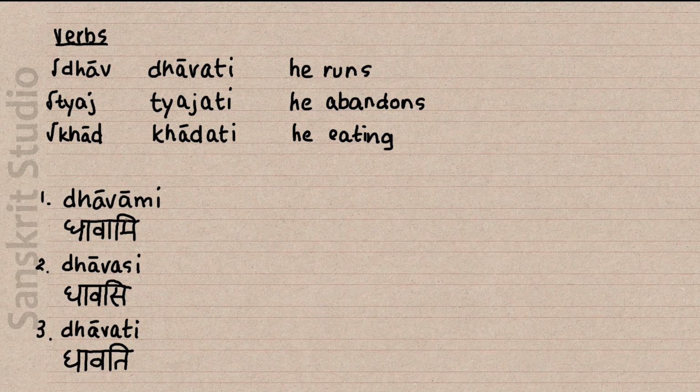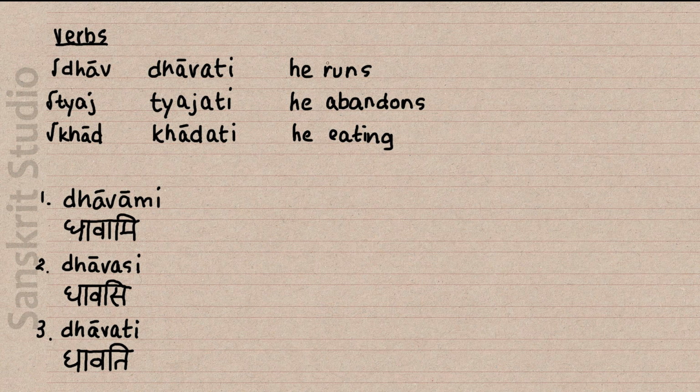So I am running or I run. Excuse me, my throat was a little dry there. Dhāvami, I run. Dhāvasi, you run. Dhāvati, he runs. And as usual, when we talk about the third person singular, he runs is just a place marker actually.